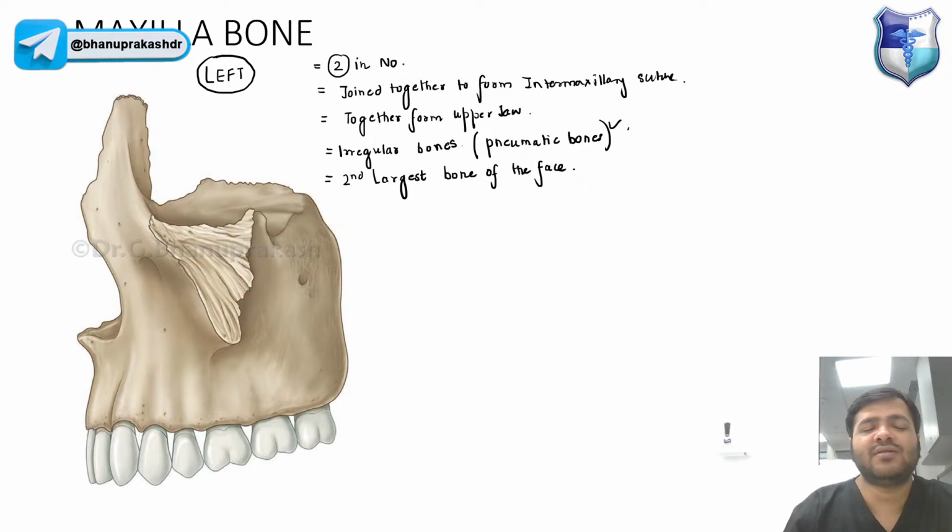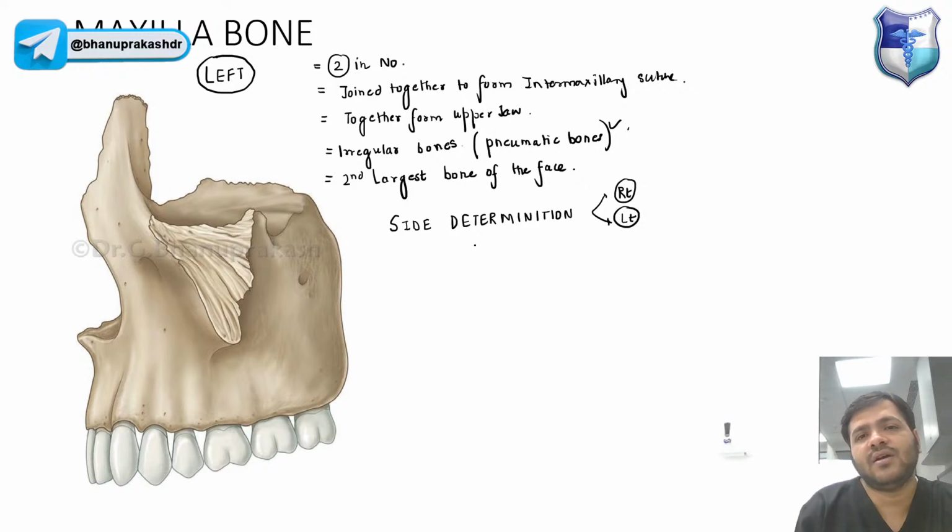So firstly, you have to identify the maxilla. If I give you a maxilla in the exam, how will you identify whether it is the right or left maxilla? Anyone in the chat box who would like to comment on the structure, guys? You have to remember the anterior surface. If we talk about side determination, we have to tell which one is right and which one is left.